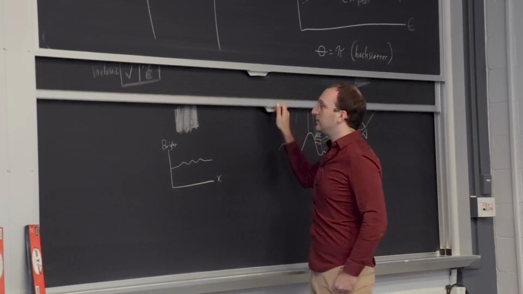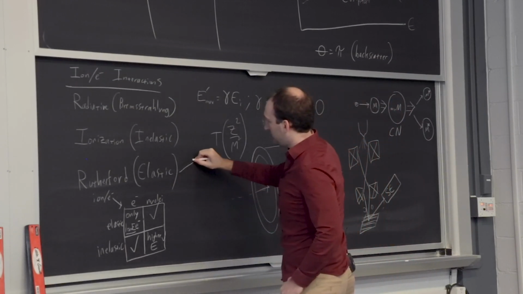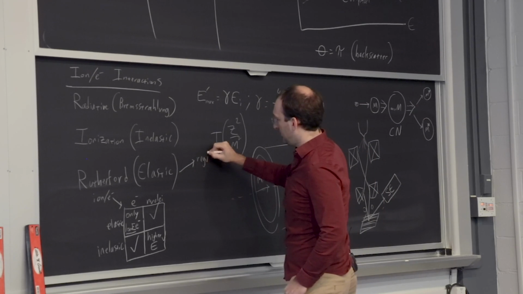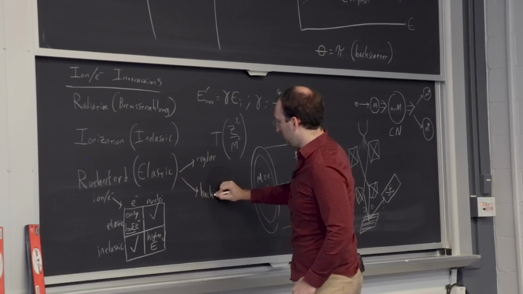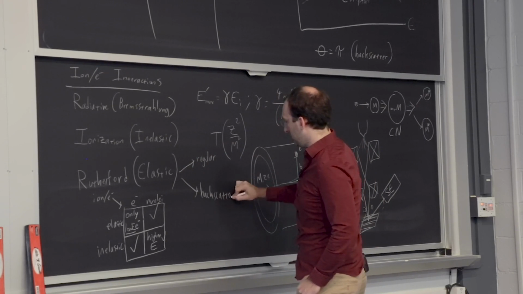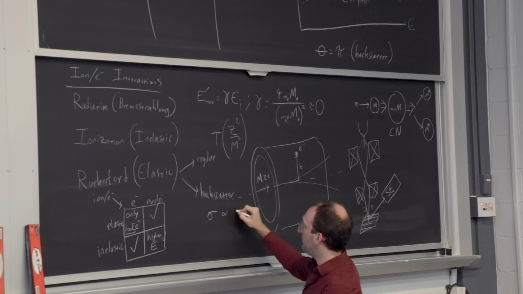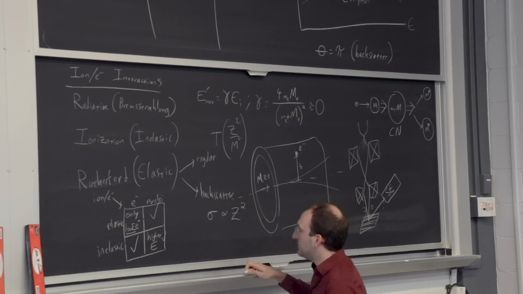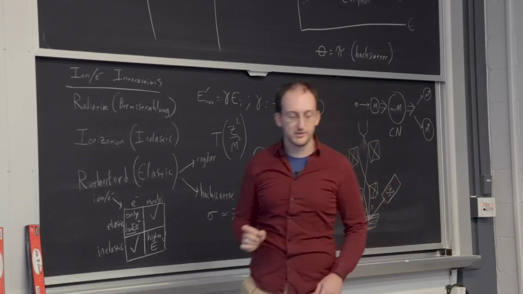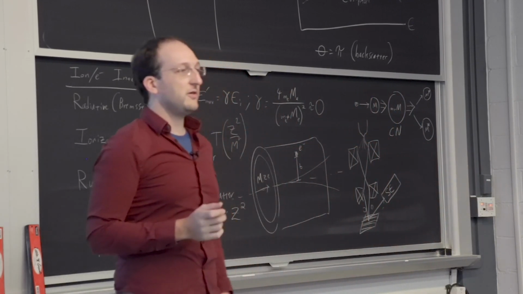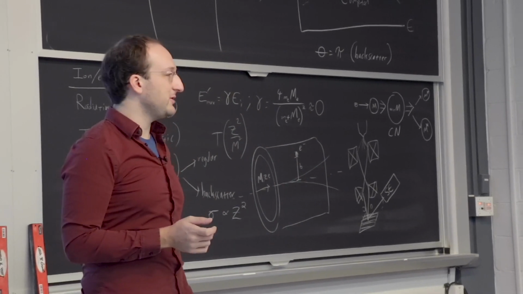Let's kind of split this into regular and backscatter. For backscattering, the cross-section for this is proportional to Z squared. Another one of those extremely Z-dependent cross-sections, which means that the larger the Z, the higher the atomic number, the more backscatter contrast you get.